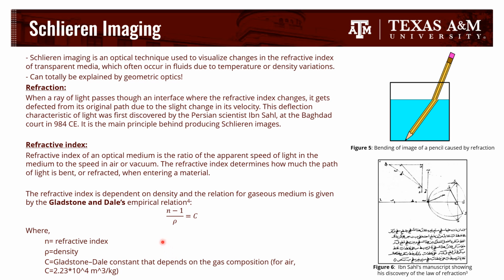The refractive index is dependent on density, wavelength, temperature, etc. And the Gladstone-Dale empirical relation gives the relationship between the density and refractive index using this correlation here. For air, the Gladstone-Dale constant C here is around 2.23 times 10 to the power of -4 meter cubed per kg.